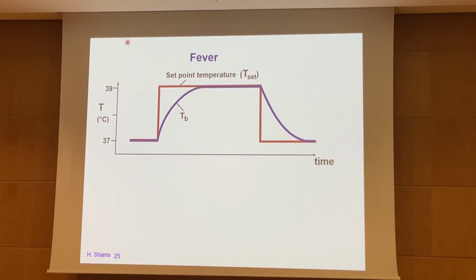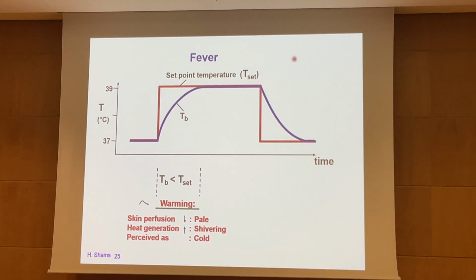And this phase of warming up is the rising phase of fever. What is happening there? Because it must warm up, what should it do with blood flow to the skin? Reduce it or increase it? Decrease, reduce it.